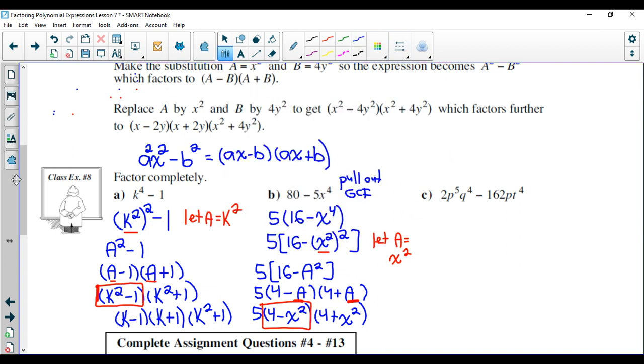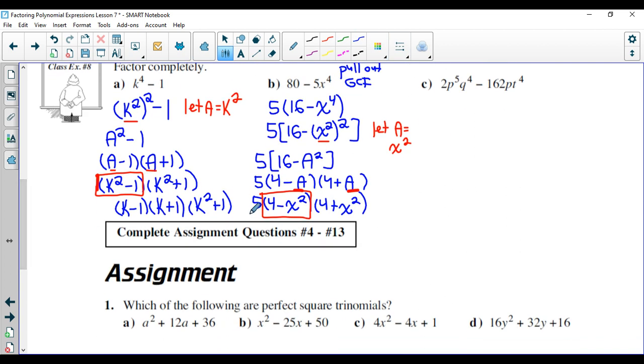So if we write that out, I'll just do it down here. I'm starting to run out of space. Okay, so this would be 5. And then this one would turn into, okay, so what's my difference of squares? The first term in each bracket is going to be the square root of the first number, which is a 2. The second term is going to be the square root of the second number. So the square root of x squared would just be x.